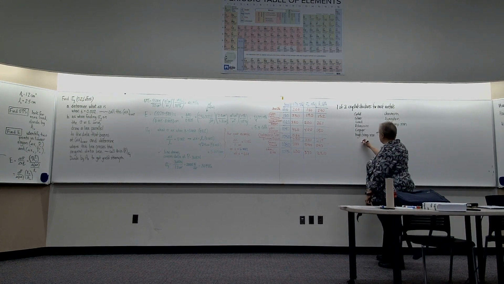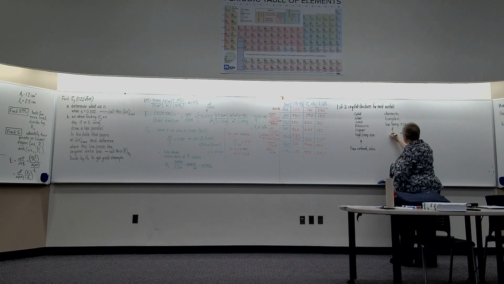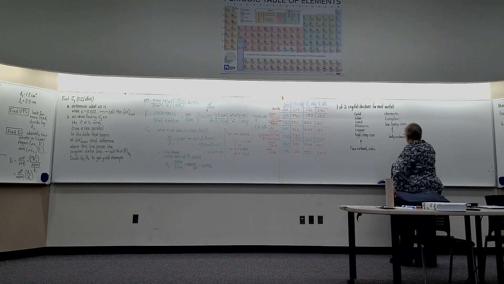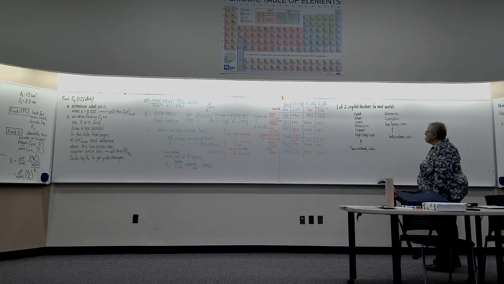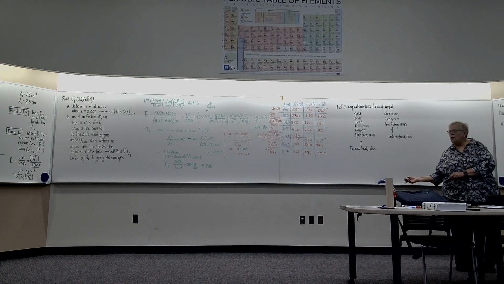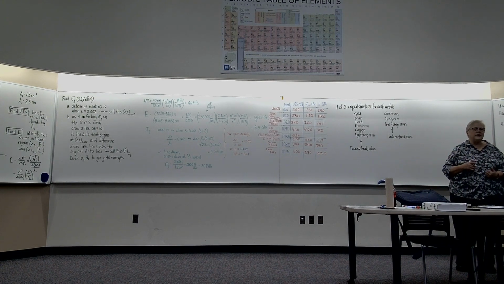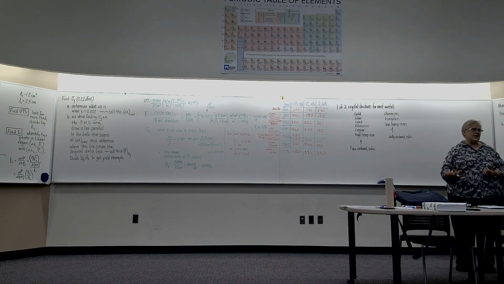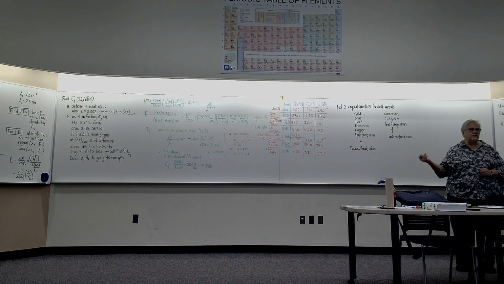These have a crystal structure that's called face-centered cubic, and these have a crystal structure that's called body-centered cubic. While a lot of different things contribute to one group being soft and the other being hard, one of the biggest reasons for that difference is these two different crystal structures.